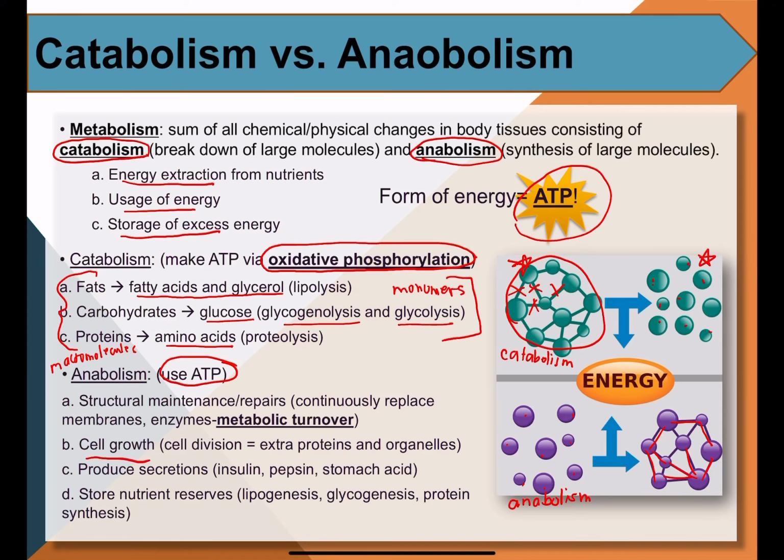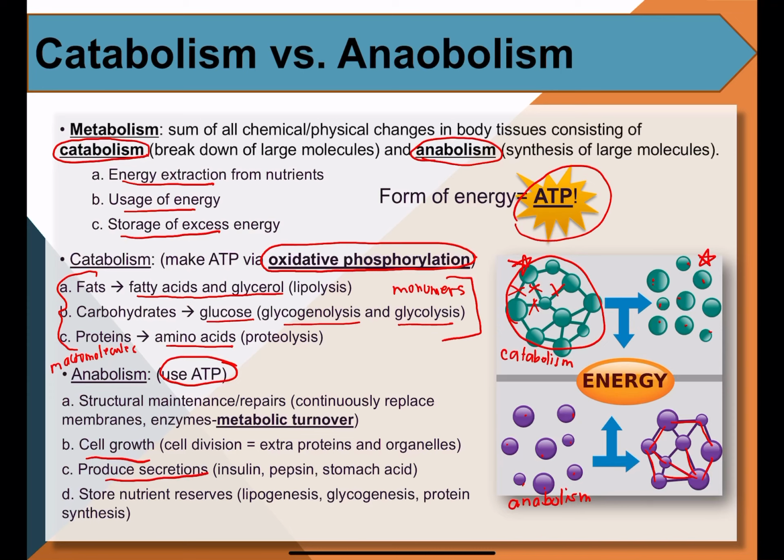Cell growth also needs the process of anabolism, such as mitosis or meiosis. Those cell divisions themselves are where we need extra proteins and organelles. In places where we need to produce a lot of secretions like insulin, pepsin, and stomach acid, all those things we already mentioned in the digestive system, we also need to do a lot of anabolism.